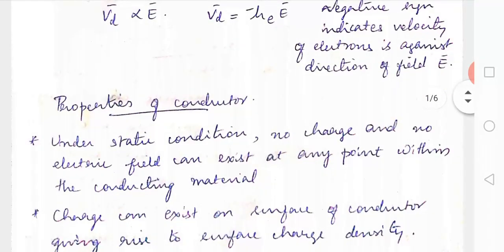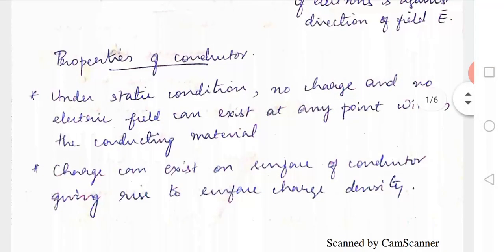Now what are the properties of a conductor? As they conduct, they have some more properties. Under static conditions, no charge and no electric field can exist at any point within the conducting material.